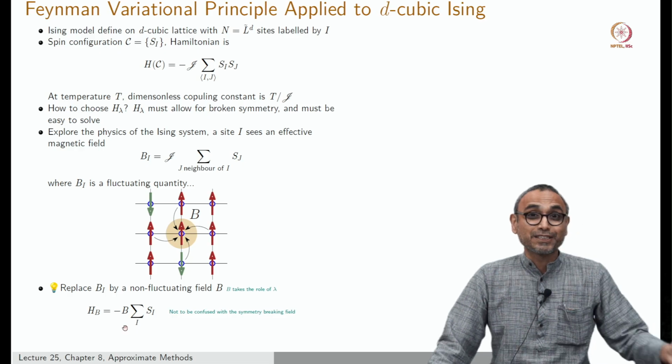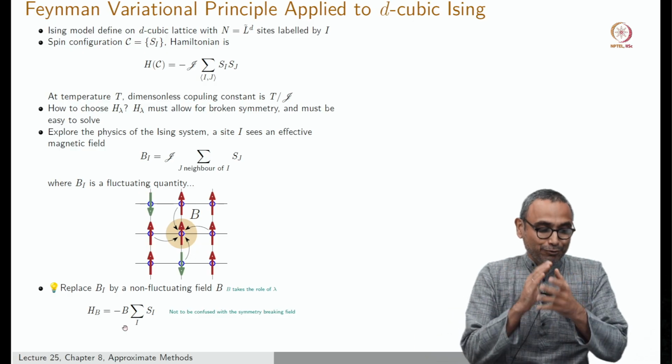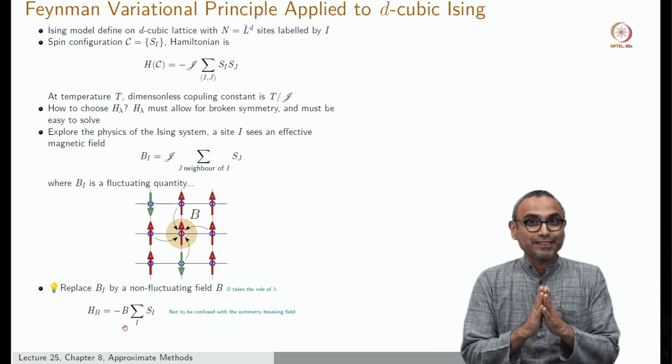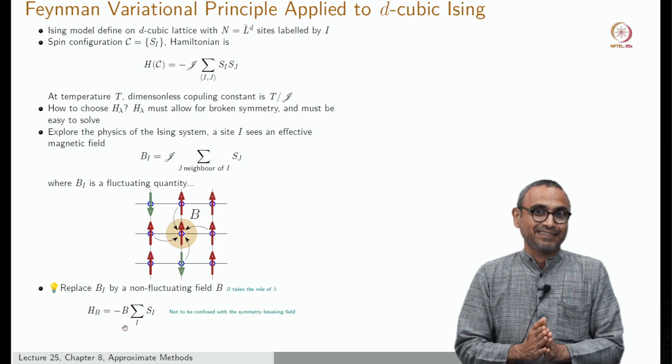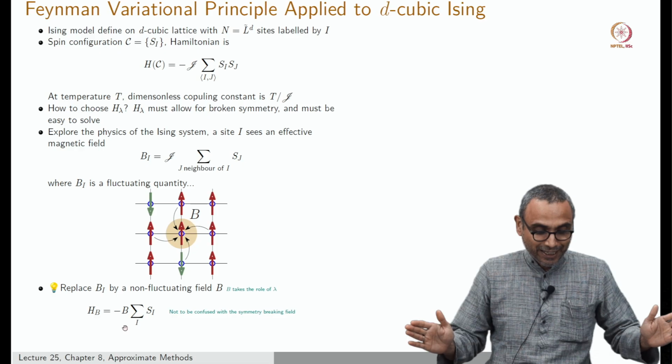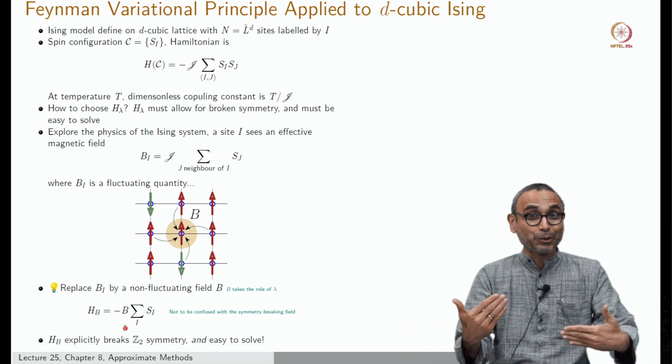Now why did I choose the field to be uniform? We chose the field to be uniform because we do not want to break translational symmetry. I want to hold on to translational symmetry, but I am allowing for the breaking of the Z2 symmetry.